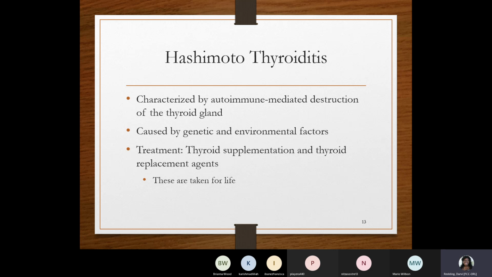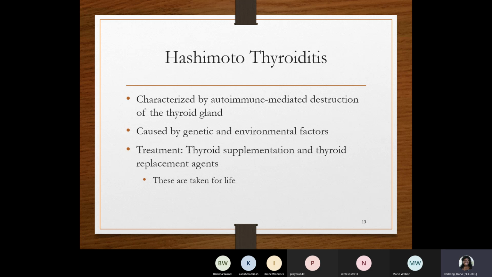It's characterized by autoimmune mediated destruction of the thyroid gland, and it's caused by genetic and environmental factors. And some of the treatment for this particular disorder would include thyroid supplementation and thyroid replacement agents, and these are taken for life.